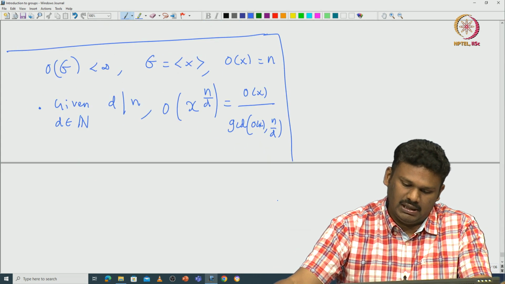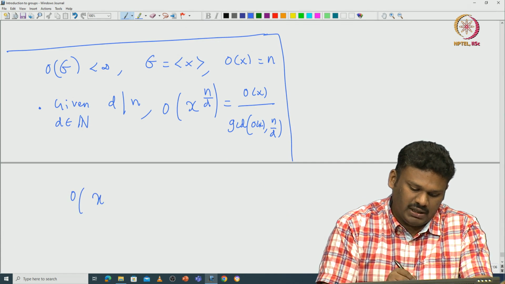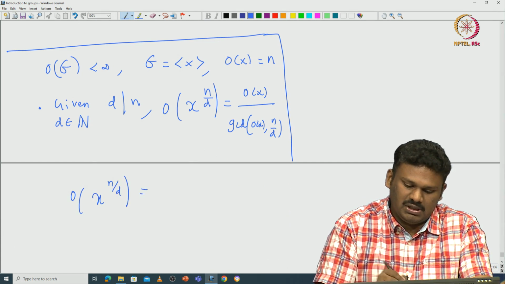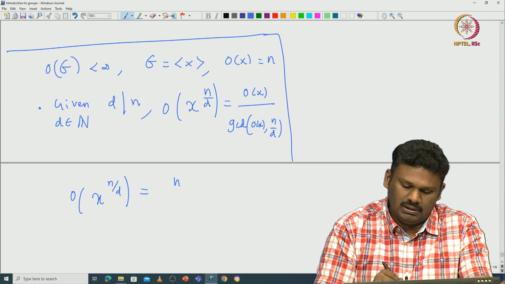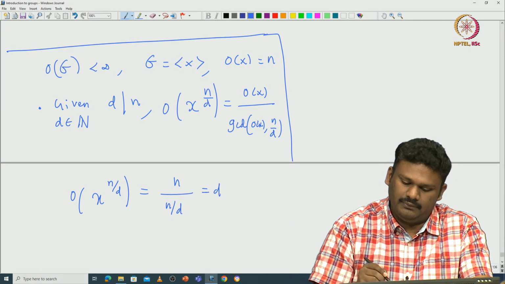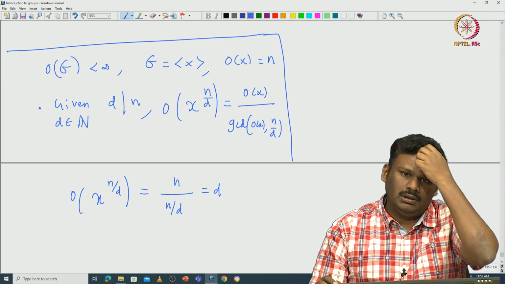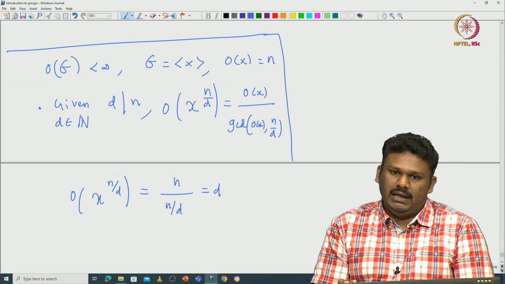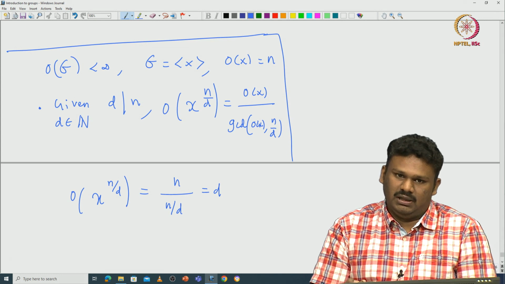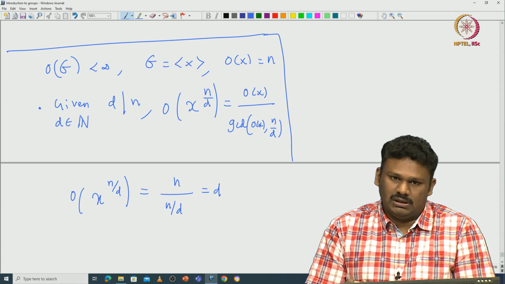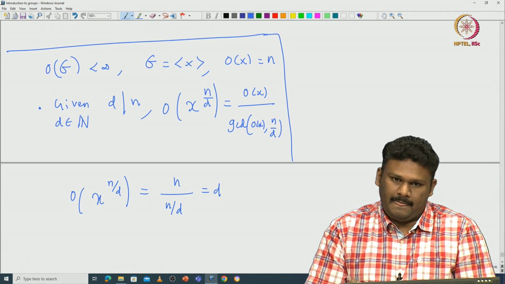So, that tells you that the order of x power n by D must be exactly equal to n divided by n by D, which is D. Okay. So, given any positive divisor D of n, you have a subgroup of order D.